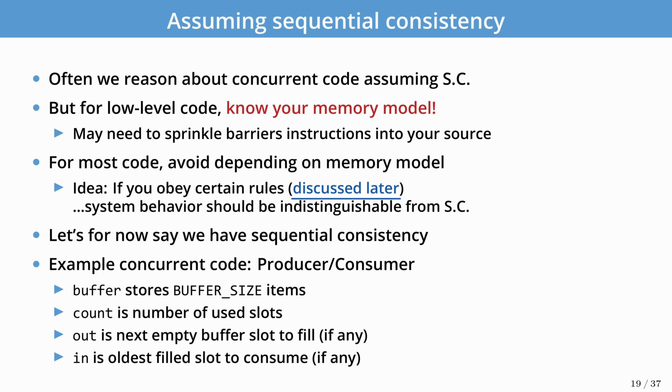For most code, we can avoid this by just depending on the memory model. As we'll see a little later, if we obey some simple rules, the system will behave indistinguishable from sequential consistency. Let's for now assume that we have sequential consistency and look at a simple producer-consumer example to see ways that we deal with it.